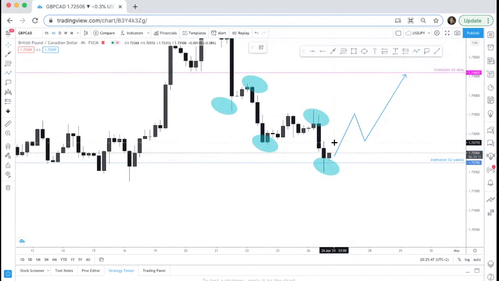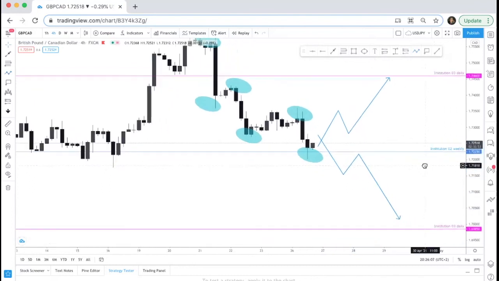If we get continued bearish pressure, breaking this weekly zone, retesting, with a continuation to the downside back to the level right there. Let me just take that down. There we go. So those are the two options that I'll be looking for on GBP/CAD.